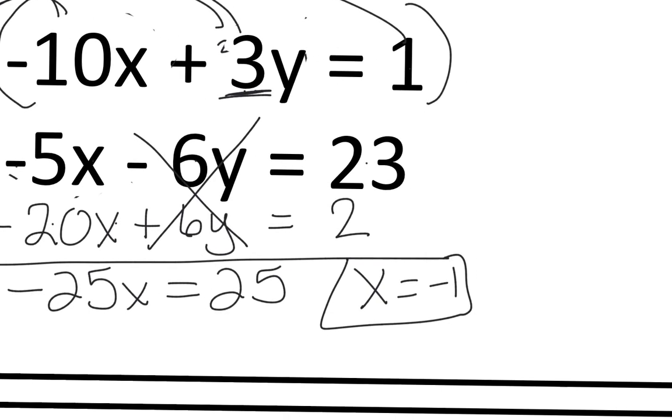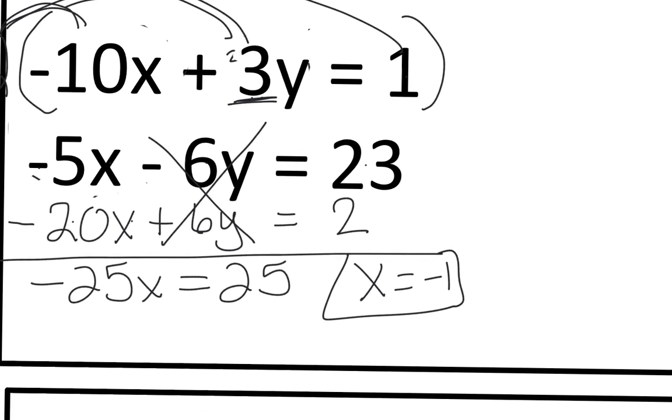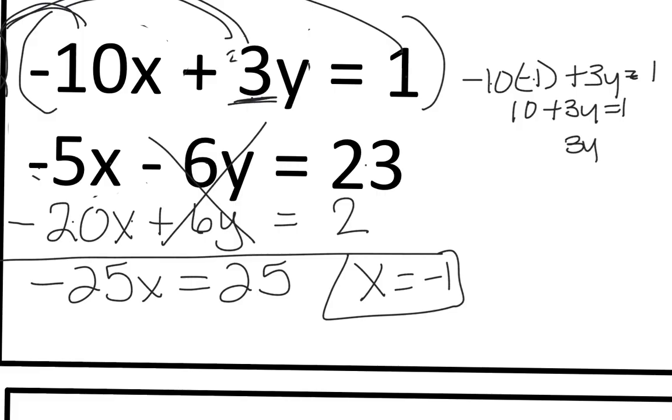I can plug it into either one of my equations. So I'm just going to plug it into the first one. Negative 10 times x. So we're going to substitute negative 1. Plus 3y equals 1. So negative 10 times negative 1 is positive 10 plus 3y equals 1. So bring the 10 over and subtract. So that equals negative 9.